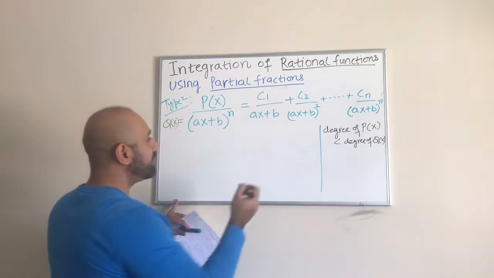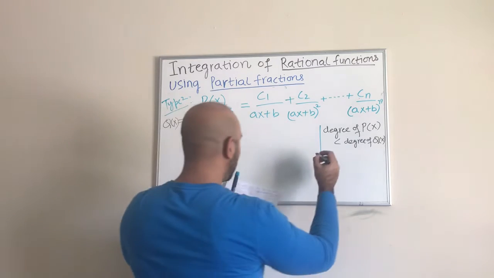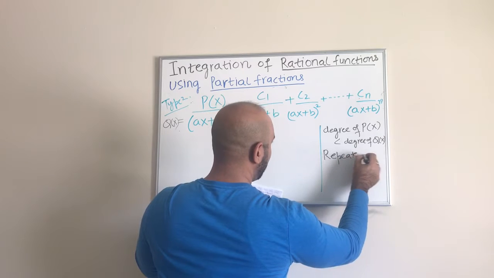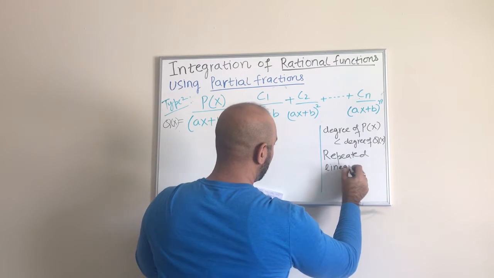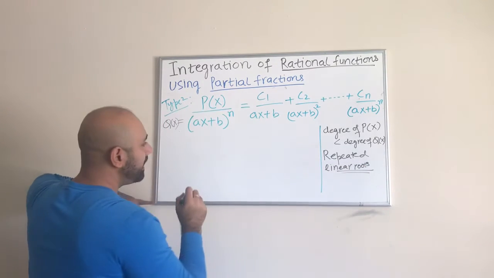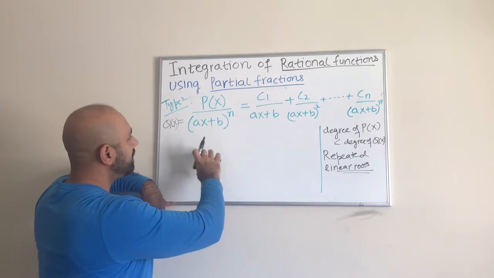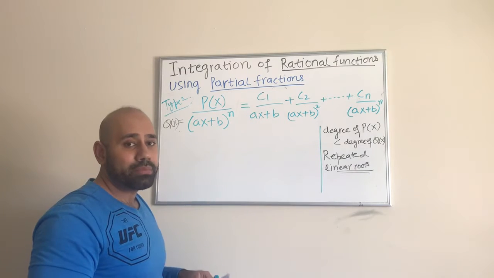And the other one is that in this case, we don't have distinct linear roots. What we have is repeated linear roots or solutions or factors here. So repeated linear factors, and this can be written as (ax + b) times (ax + b) times (ax + b), but there's n times, right?